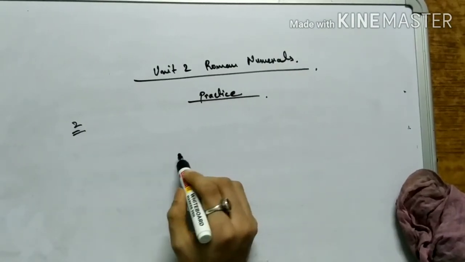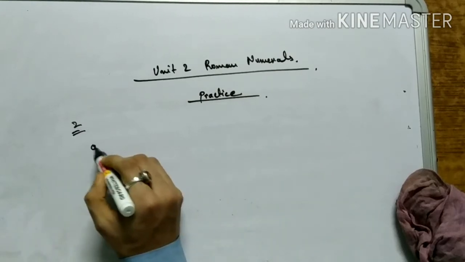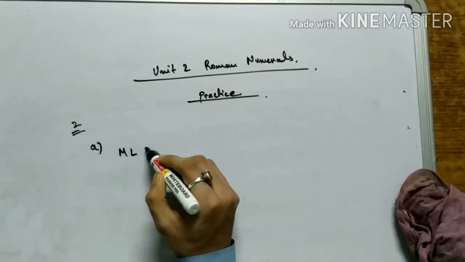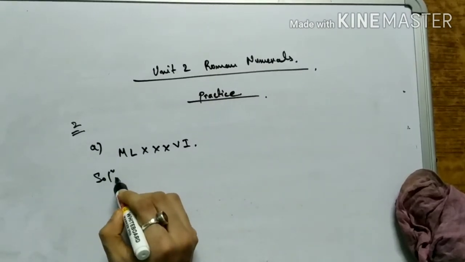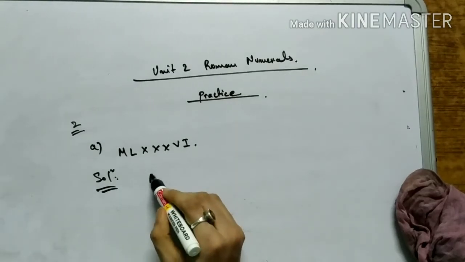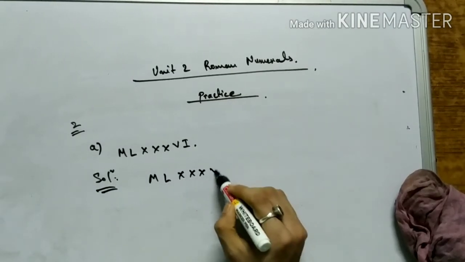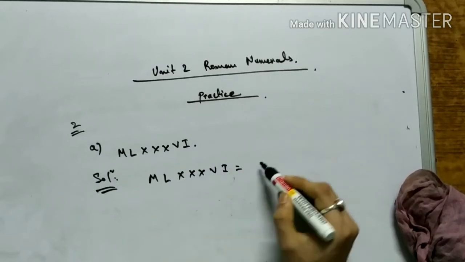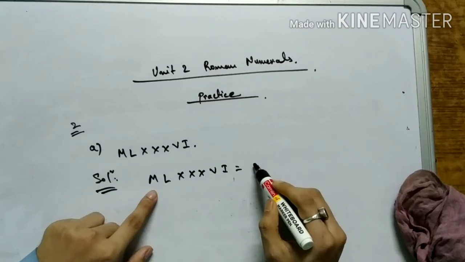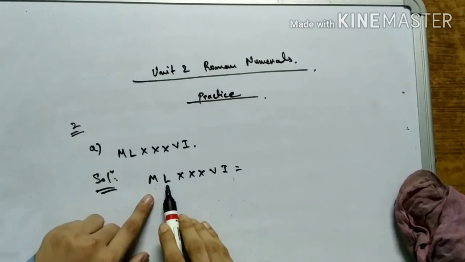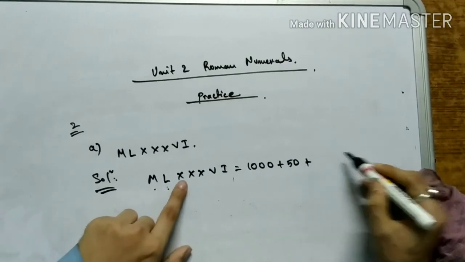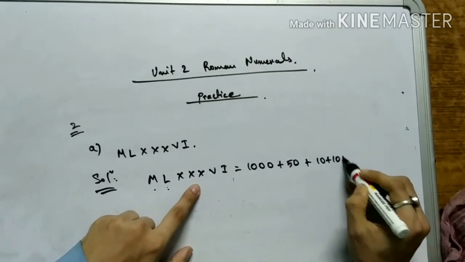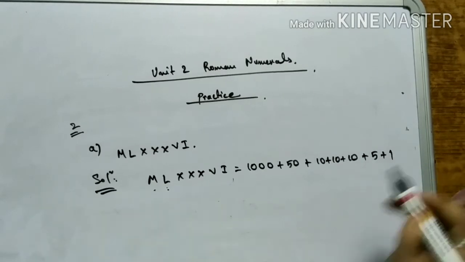Next you see type 2. Express in Hindu Arabic numerals. MLXXXVI. So this one is equal to M, which is 1000, L is 50, so this is 1000 plus 50 plus 10 plus 10 plus 10, and this is 5 plus 1.